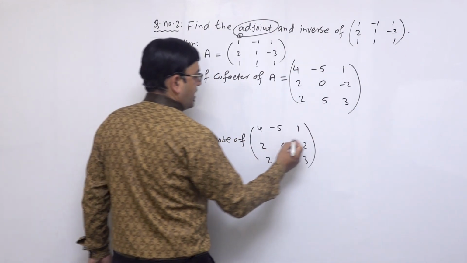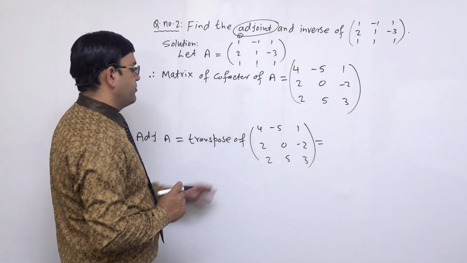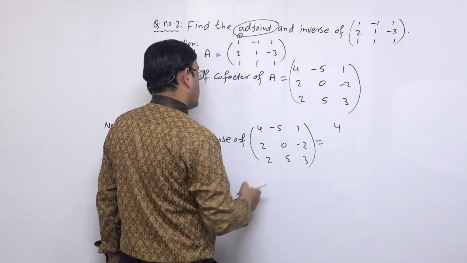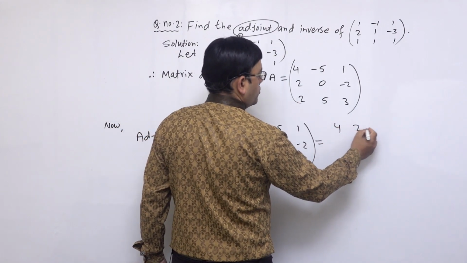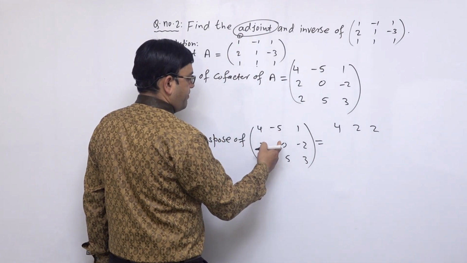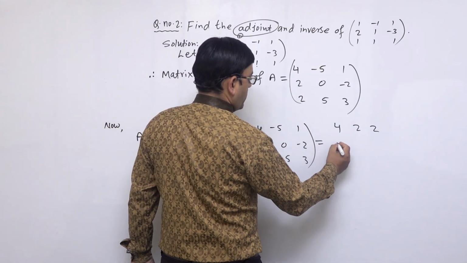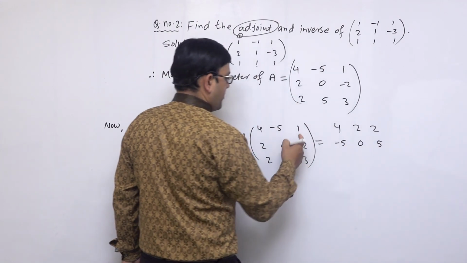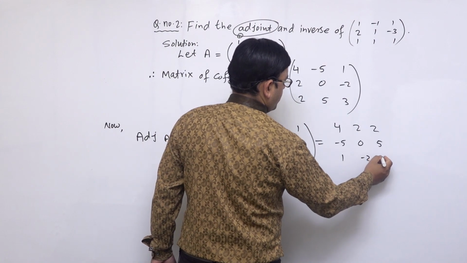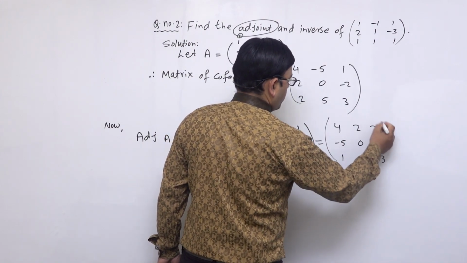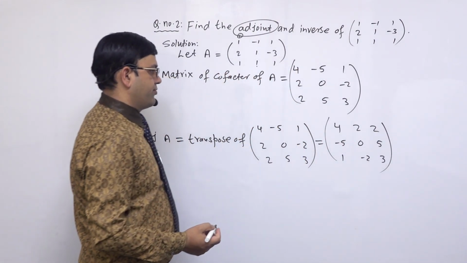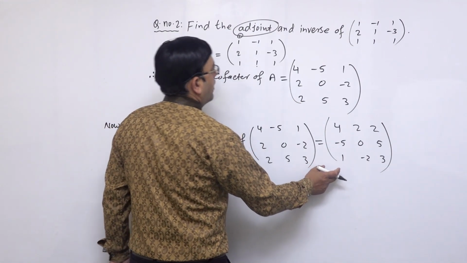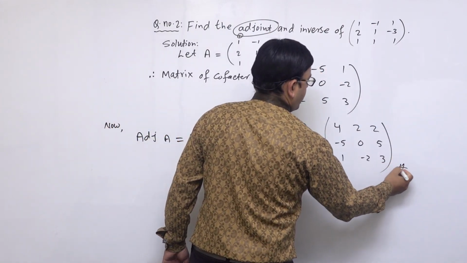The transpose of this is 4 2 2: the column we convert into a row, 4 2 2. Similarly, minus 5 0 5 in column becomes row minus 5 0 5, and then 1 minus 2 3, 1 minus 2 3, we change row to column. This is the transpose matrix, and this is called the adjoint matrix. This is the answer of the adjoint matrix.